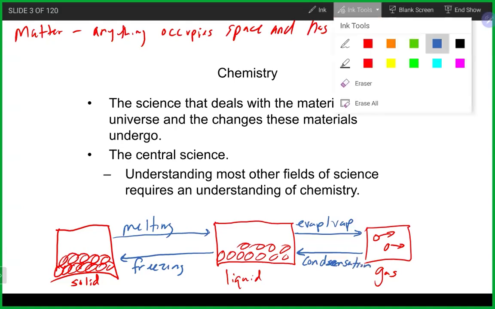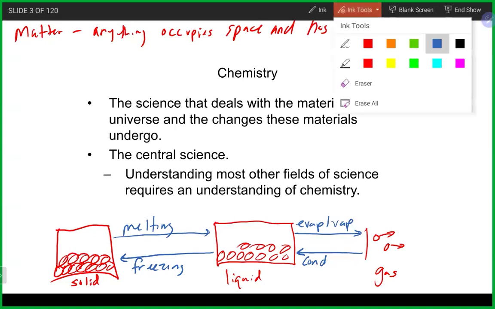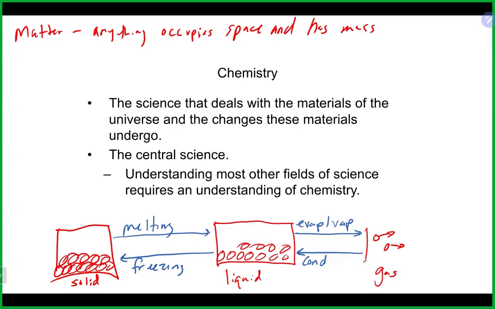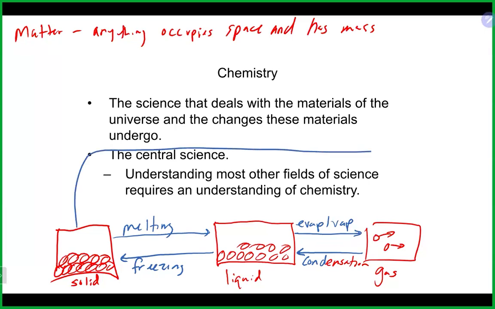As we go from solid, we could actually skip the whole liquid part of it. As I erase all my boxes, let me fix my boxes here. As we go from solid, skipping the liquid part and going directly into the gas phase, that is what is known as sublimation. I need one more arrow, so I'll do that.